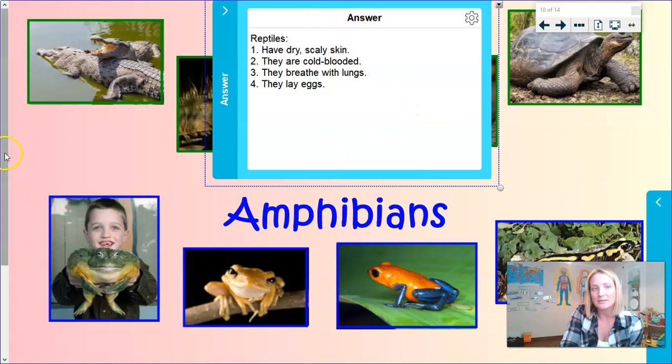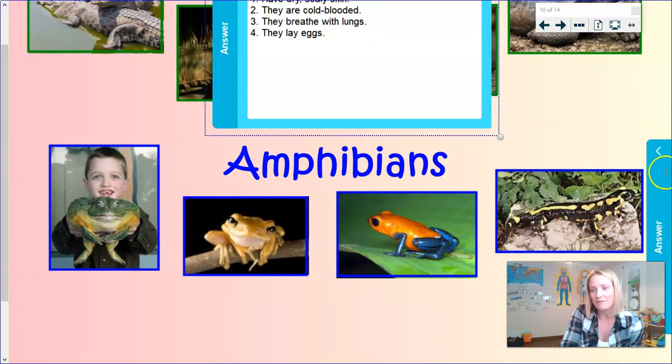So what makes them different from the amphibians? Well, the word amphibian here actually comes from Greek, and the Greek meaning for amphibians means they are from both lives. And that should give you a clue as to why amphibians are very special.